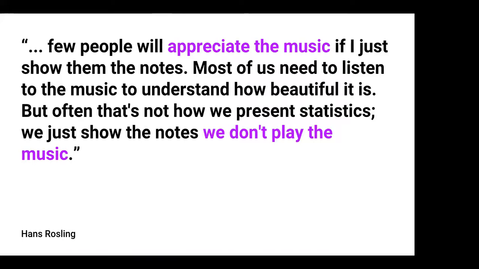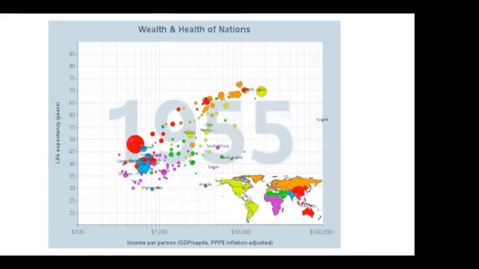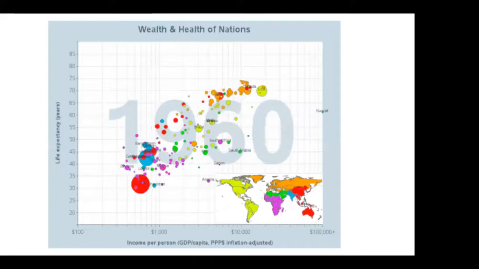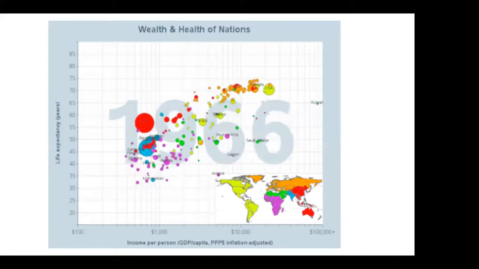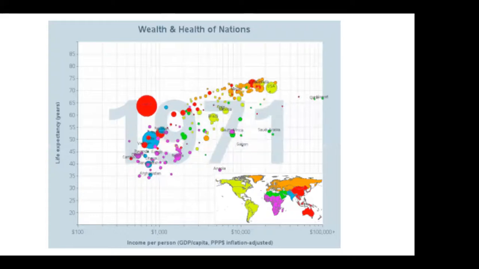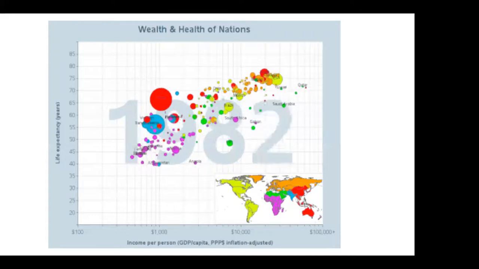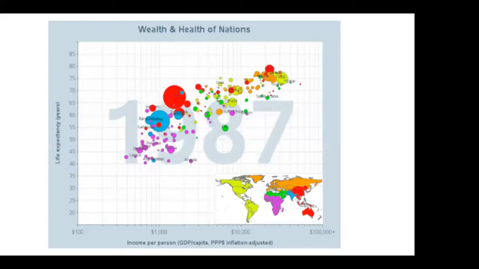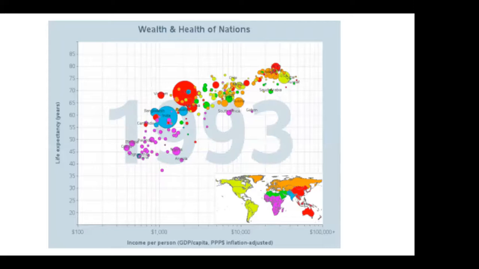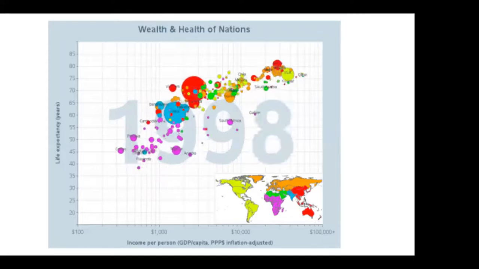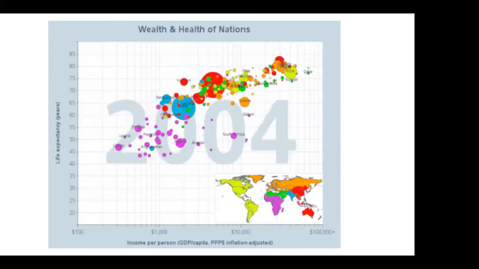And Hans Rosling is really well known for these kinds of maps that he made. He has a TED Talk that has, I think, more than 12 million views. He passed away in 2017, but he really was a proponent of using data viz and showing how much poverty affects development on many different scales.